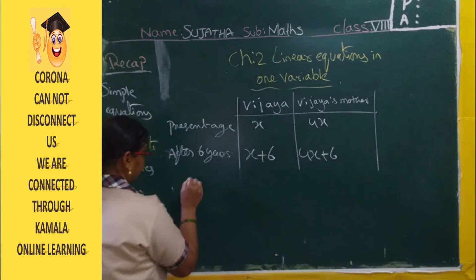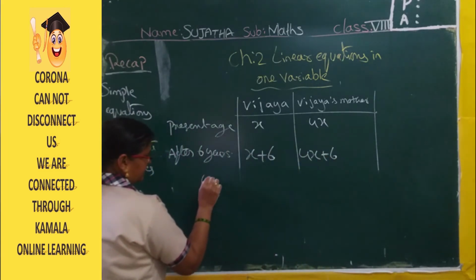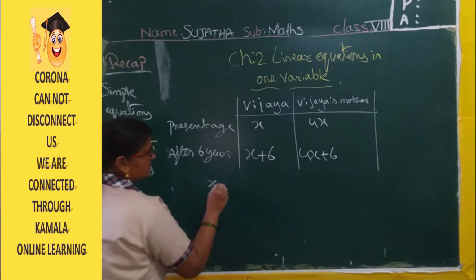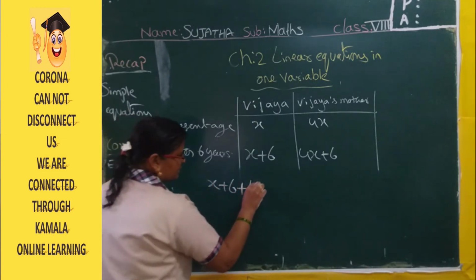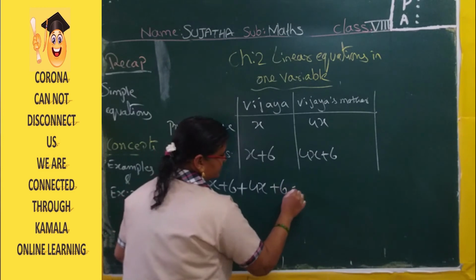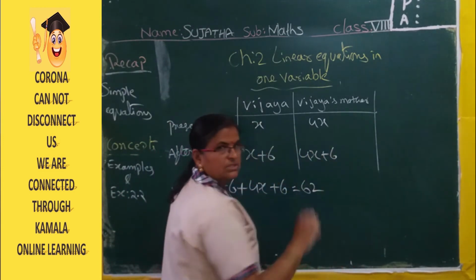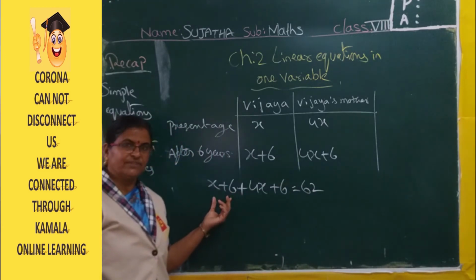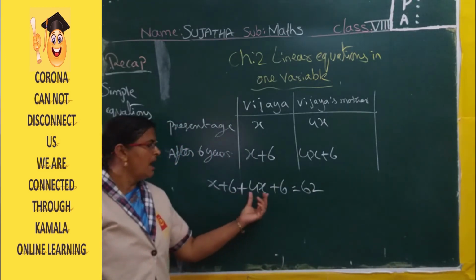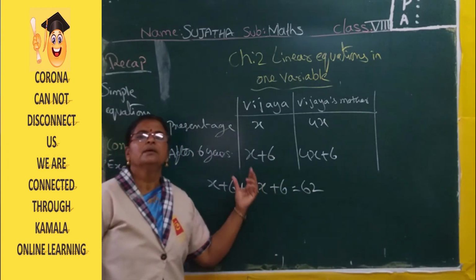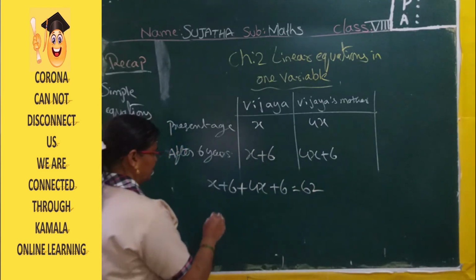x plus 6 plus 4x plus 6 is equal to 62 years. Understood now? After 6 years age of Vijaya, after 6 years age of mother, we are adding. So that is 62.